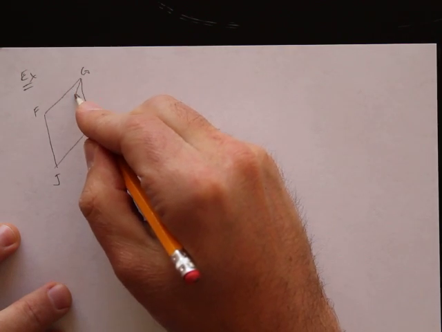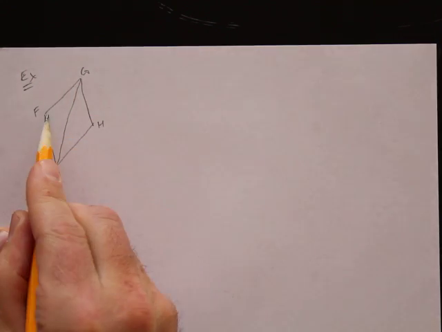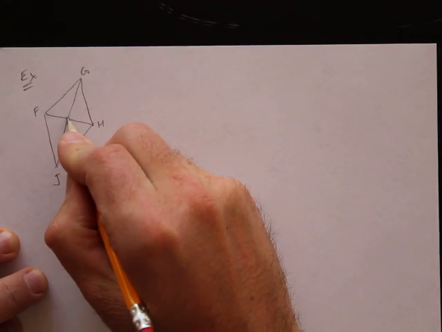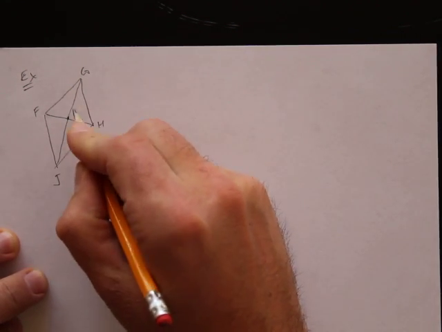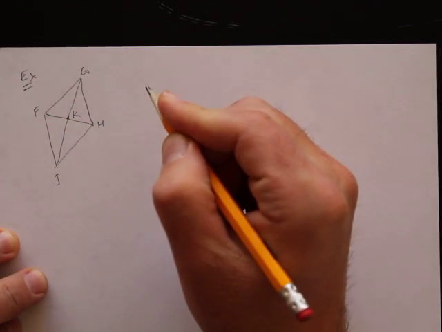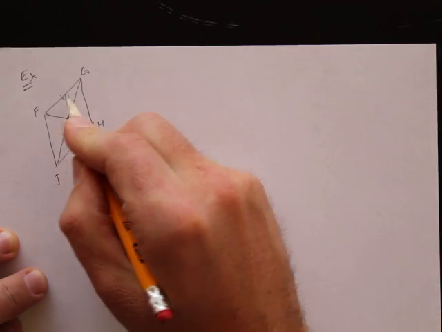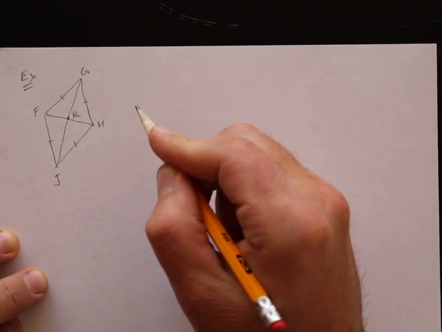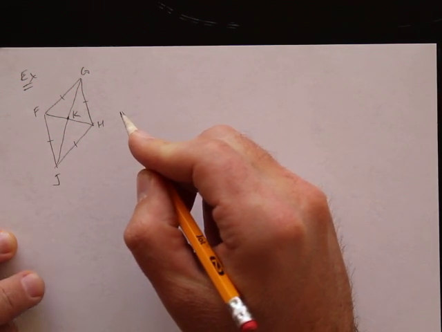And we're going to draw the diagonals. And here where the diagonals cross is K. So remember, FG, GH, HJ, and JF, these are all congruent.